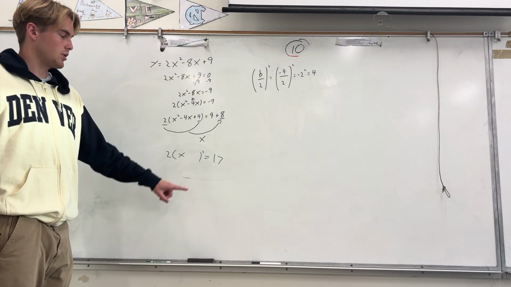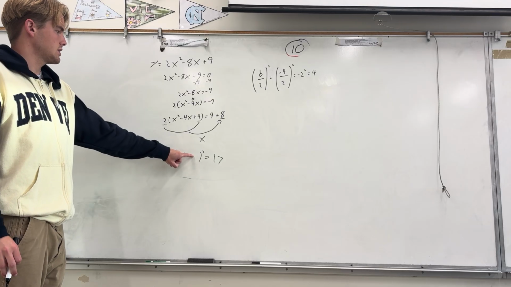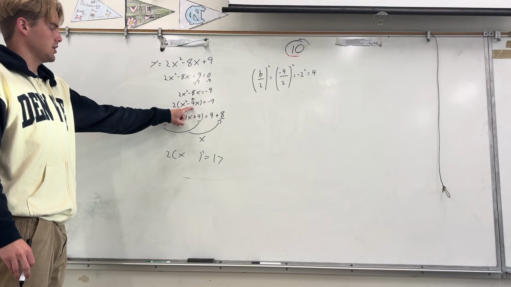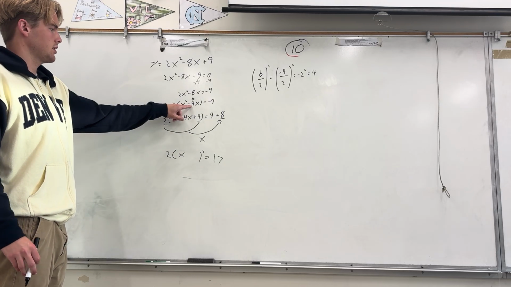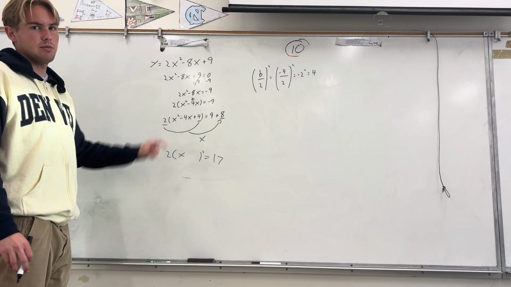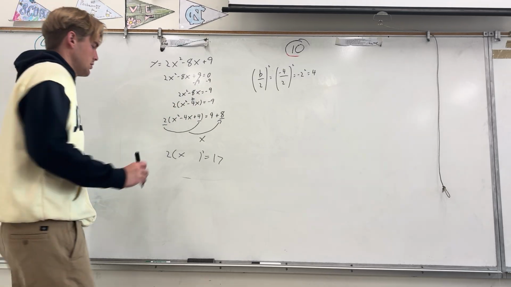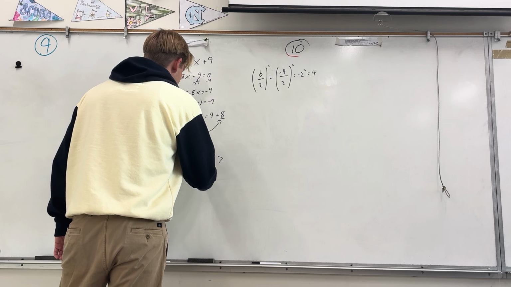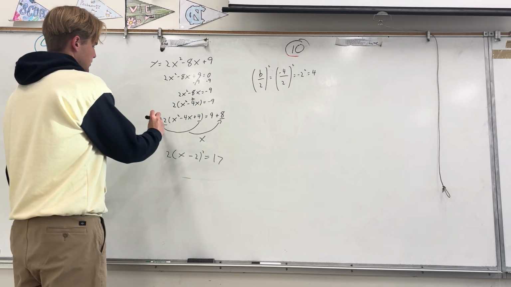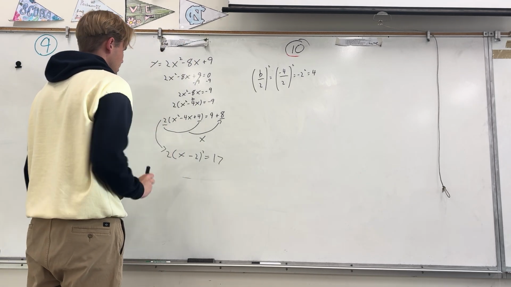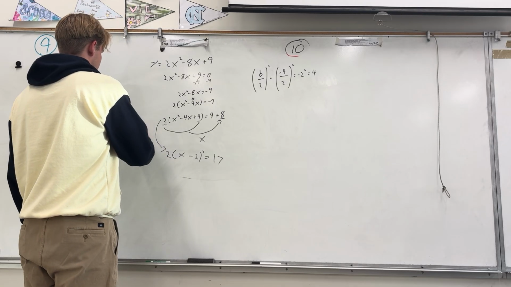I told you to figure out what goes in the blank spot right here. You're just taking b and dividing by 2. So b is -4. What's -4 divided by 2? -2. So there's just going to be a -2 here. So I told you to get from this step to this step, you're just using the formula.